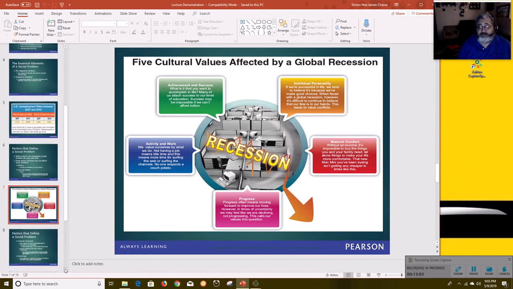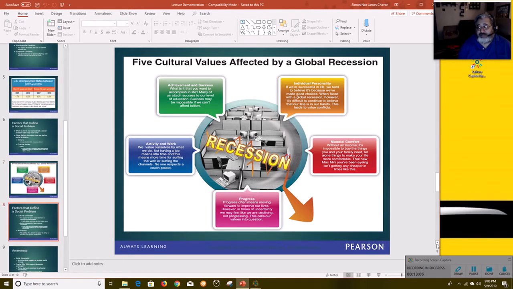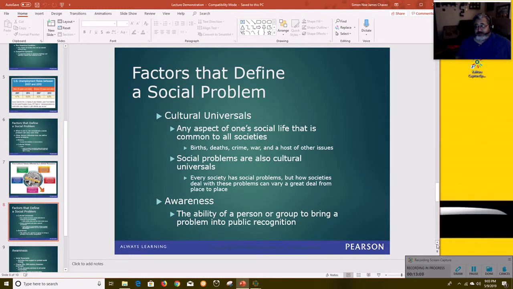Moving on to the next topic, factors that define social problems. Next ones, like I said, cultural universe. Social problems, things like this: birth, death, crime, war, and a host of other issues. These are things that are common within our society. Of course, we still see them as social problems because they're occurring.